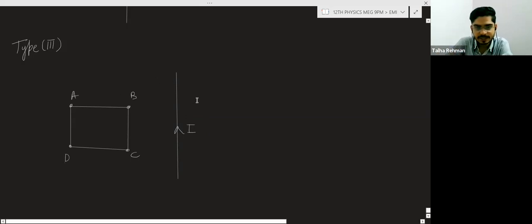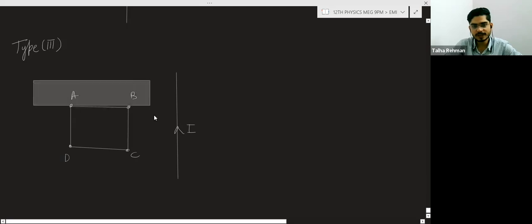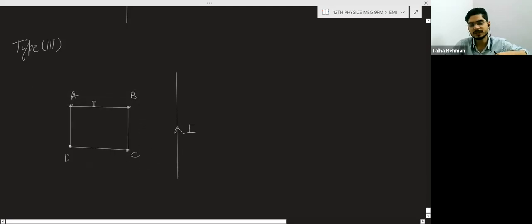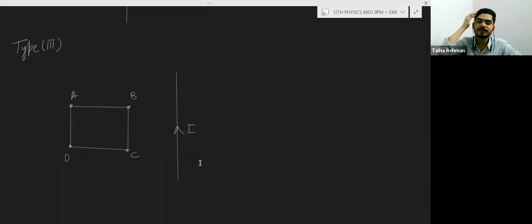As the current in this wire is increasing, we know that this current carrying wire will produce a magnetic field around itself. So this coil will be in the region of the magnetic field produced by this wire. The magnetic field produced by the wire is directly proportional to the current in the wire.